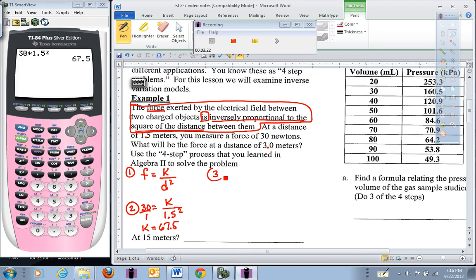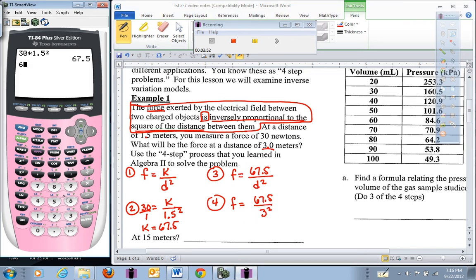Okay, the third step is now we're going to write a specific equation for this situation. Force will equal 67.5 divided by d squared. And then the last step is going to be what will be the force at a distance of 3 meters. So the force will equal 67.5 divided by 3 squared.